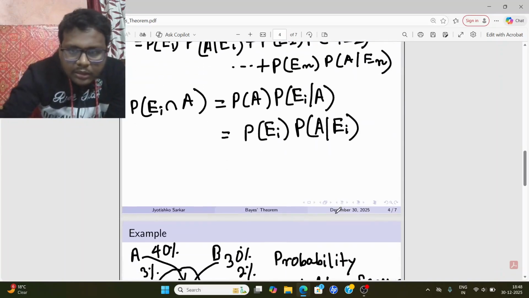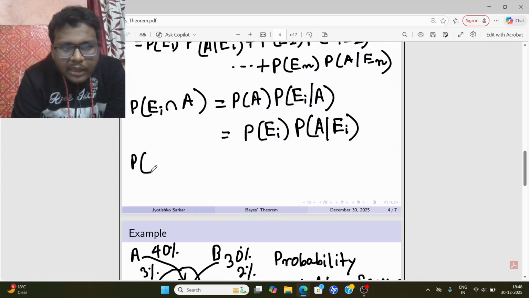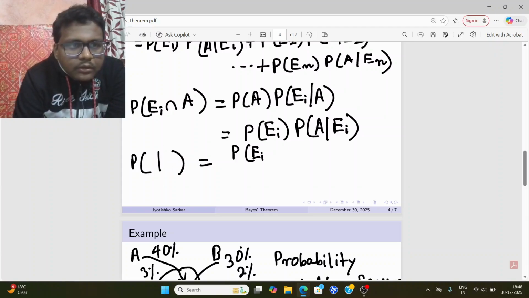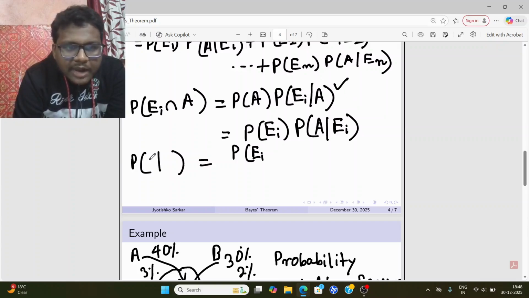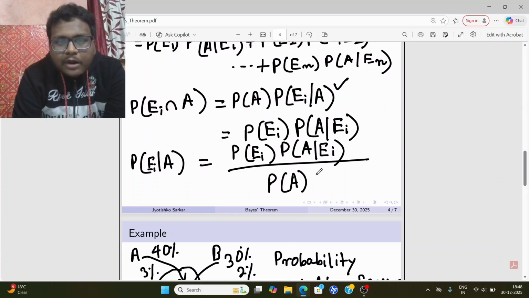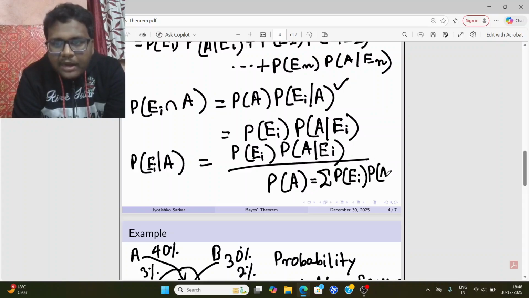Now if I take this equation and write probability of EI bar A, it will be probability of EI into probability of A bar EI divided by the probability of A, and if I see only the denominator, this is the total probability of A, that is the sum of probability of EI into probability of A bar EI.